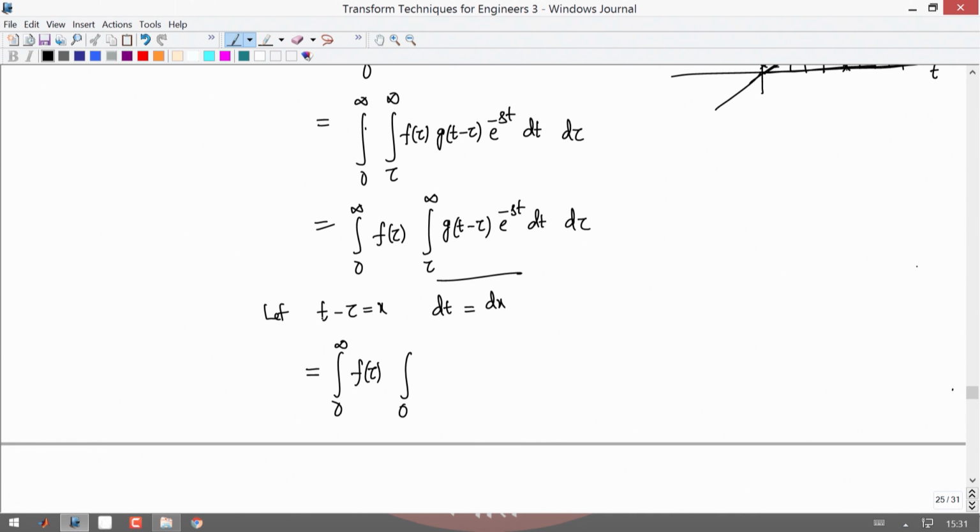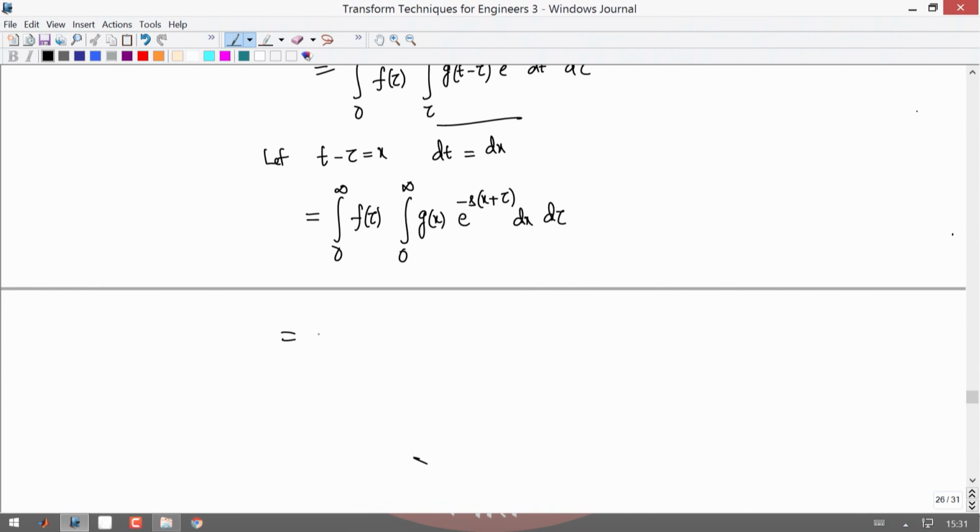When you put t equal to infinity, x is infinity for fixed tau. So, you have g of x times e power minus s, where t is x plus tau, and then you have dt is dx, and you have d tau.